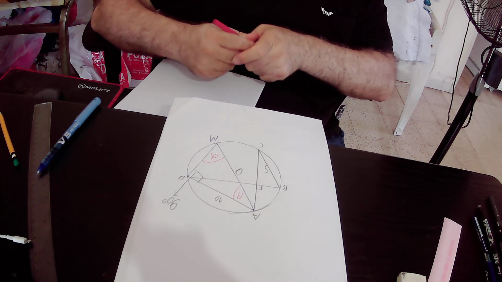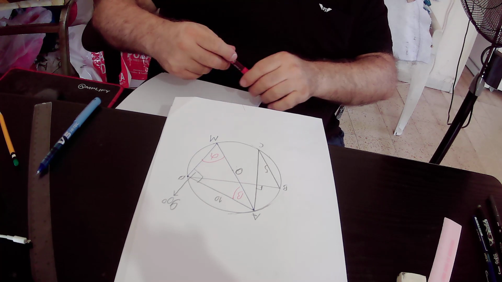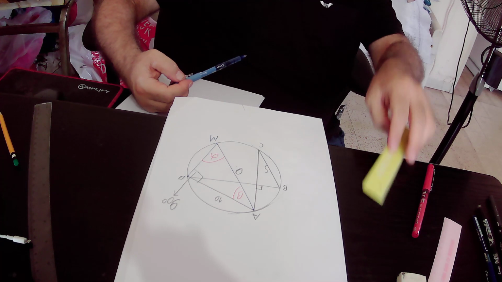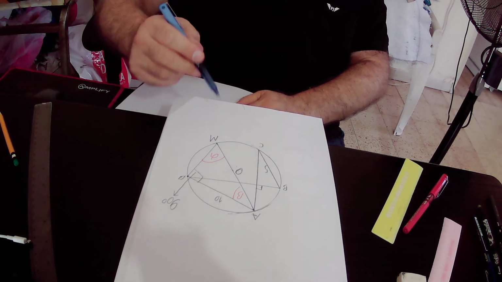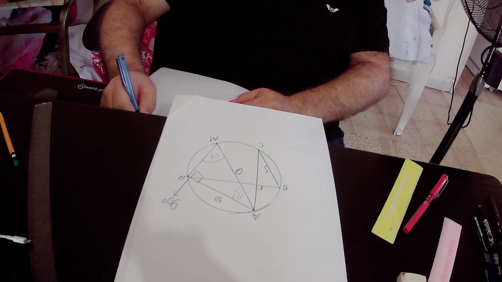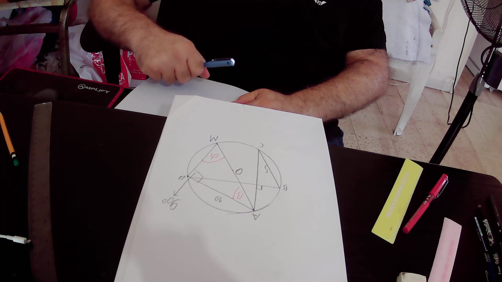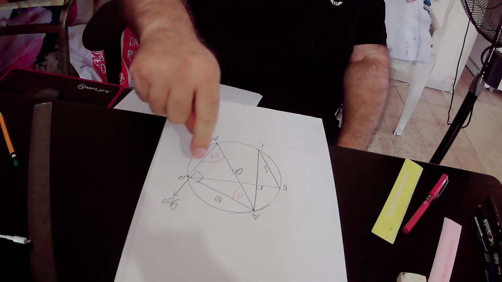So I'll write it down. Angle AMD equals alpha according to our definition, and angle MAD equals beta.